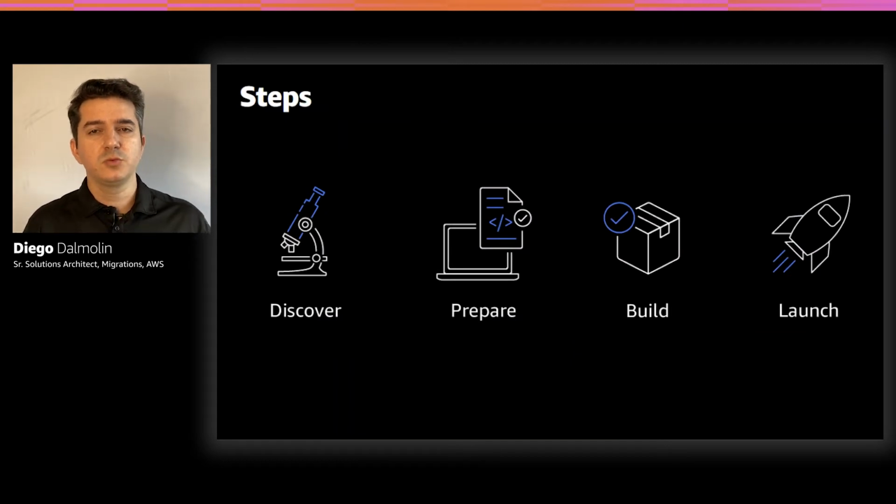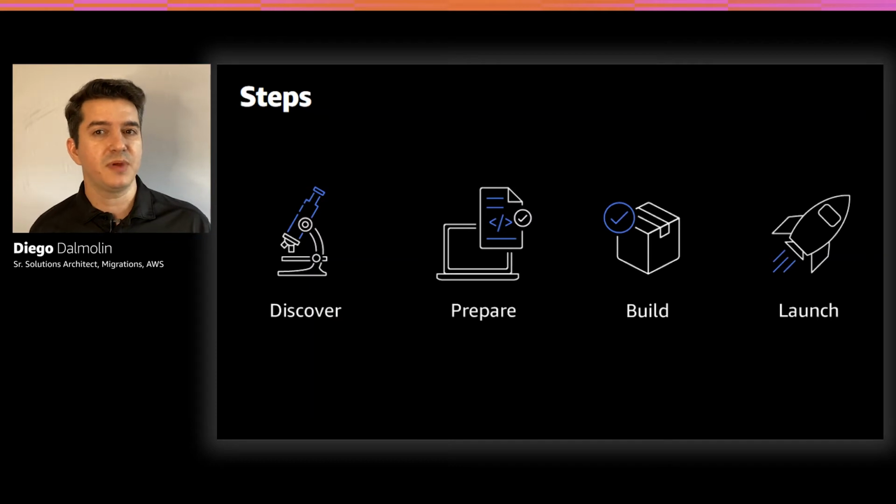Well, now that we understand the challenges and also the benefits of moving to containers, let's talk about the 4 steps that have to be followed to migrate your legacy application to containers. The first one is to discover and understand how the application works. And then, if you have multiple applications, select and prioritize which applications will be containerized.